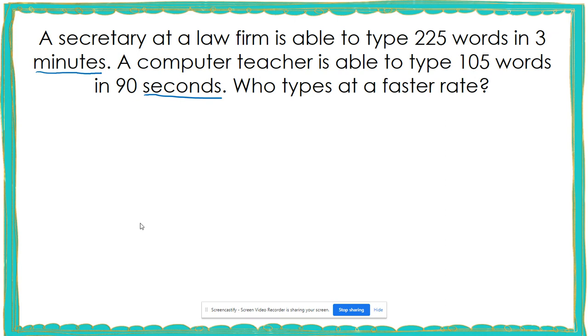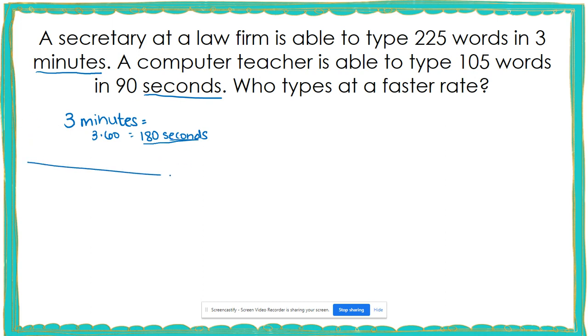Since it's easy to change minutes to seconds, I'm going to change 3 minutes into seconds. And I know that there are 60 seconds in 1 minute. So to get 3 minutes into seconds, I would do 3 times 60, which would give me 180. So 3 minutes is the same as 180 seconds.